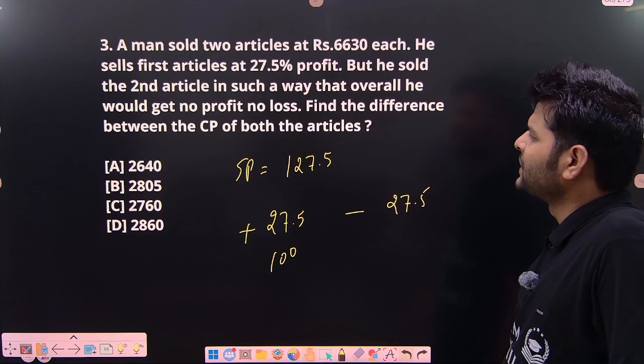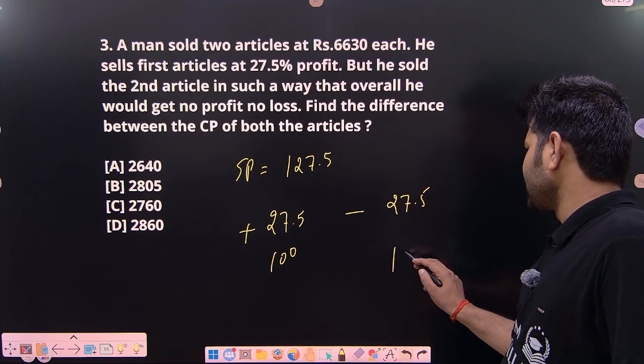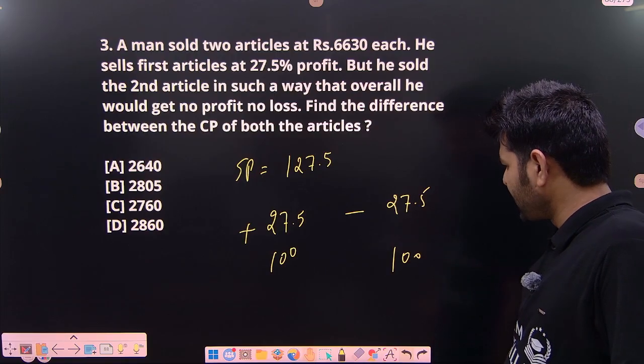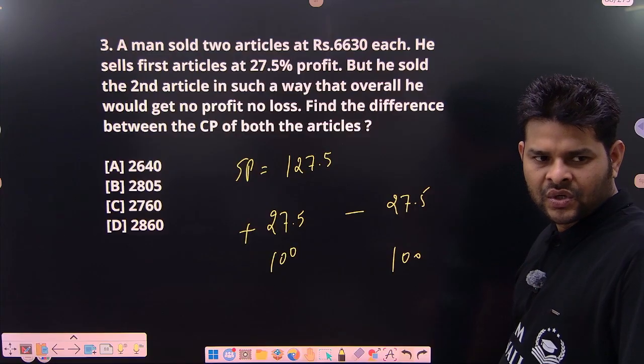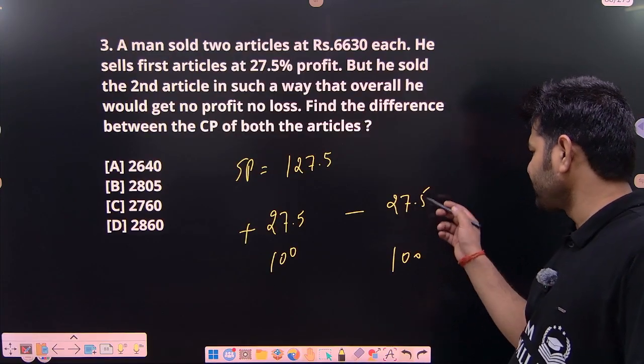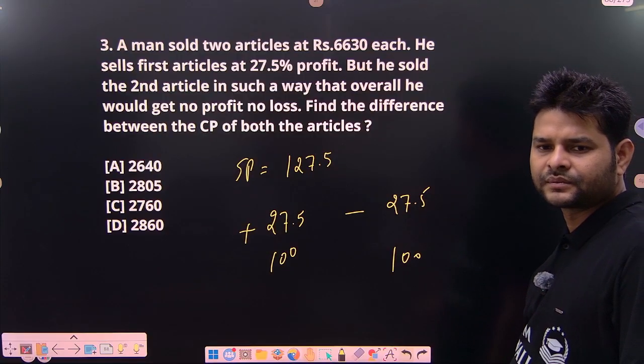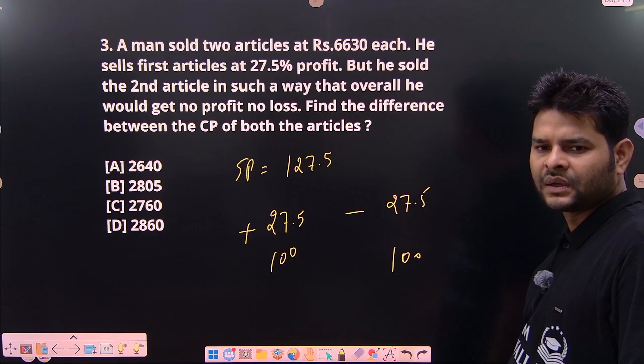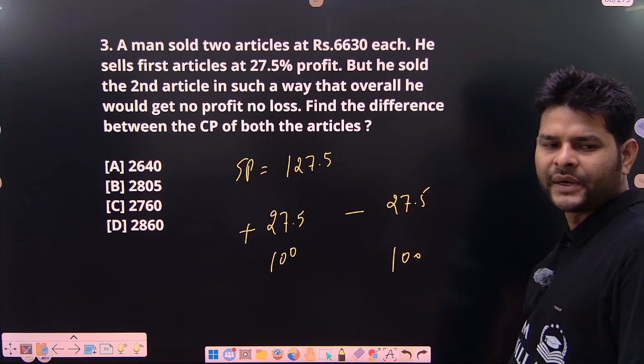Find the difference between the CP. If CP is again 100, 27.5 is loss. So SP would be, guys, if you subtract from 100, that would be 72.5.